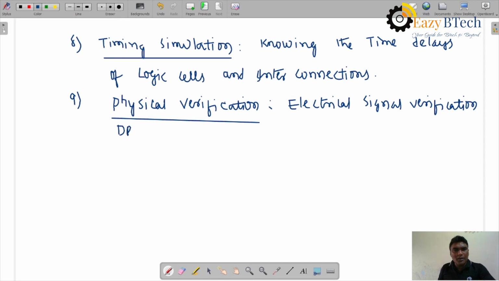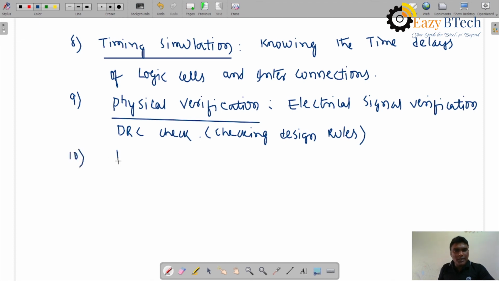DRC check means checking all the design rules, electrical signal passing through the logic blocks. So it will be known by physical verification. So design rules, that is nothing but physical verification, right?